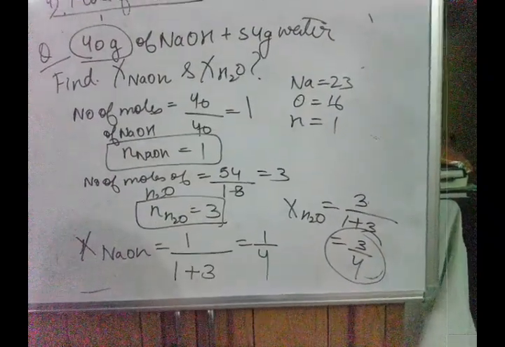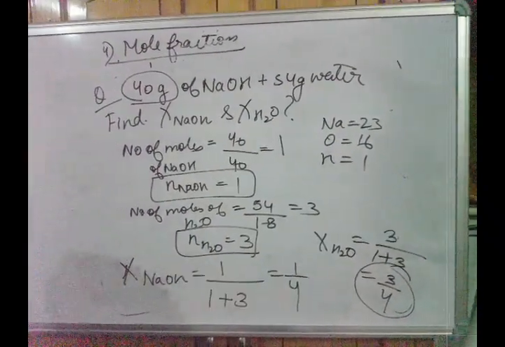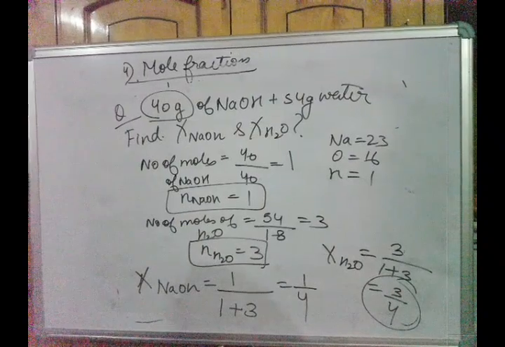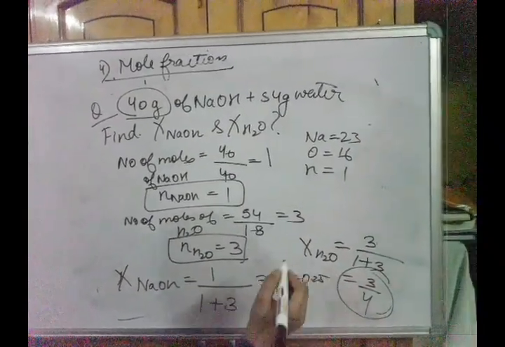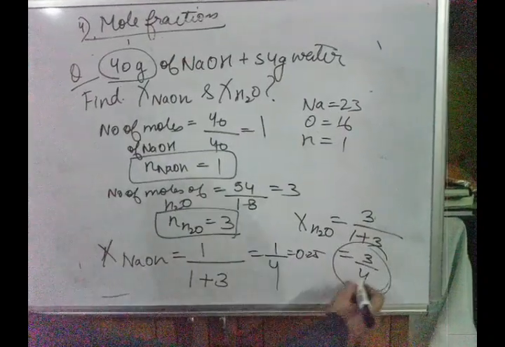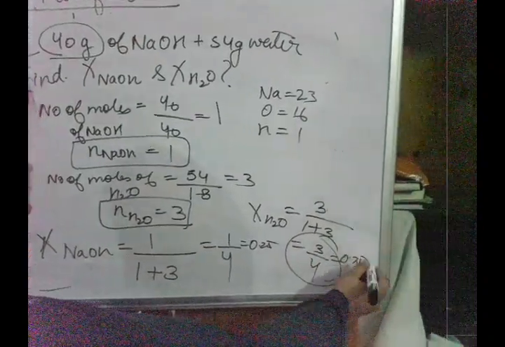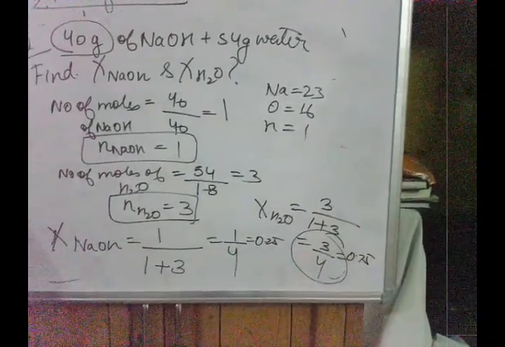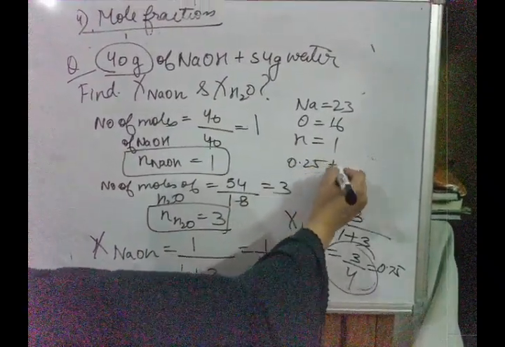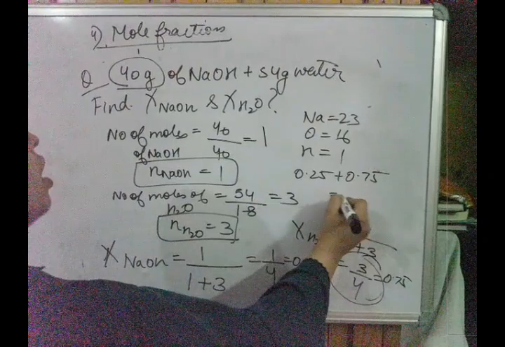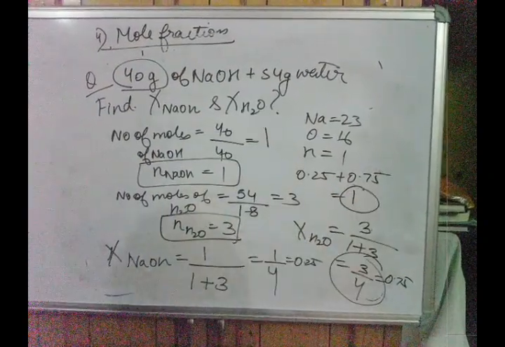So this is a simple example by which you can understand the main thing which you should know. This is 0.25 and 3 by 4 is 0.75. If we add up 0.25 plus 0.75, it always comes out to be 1.